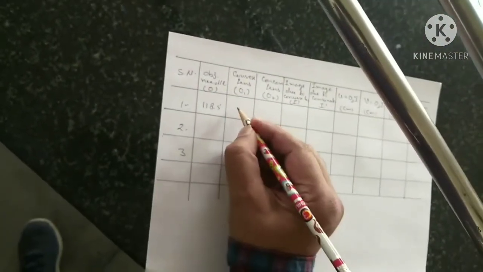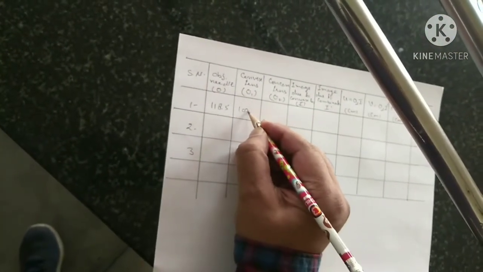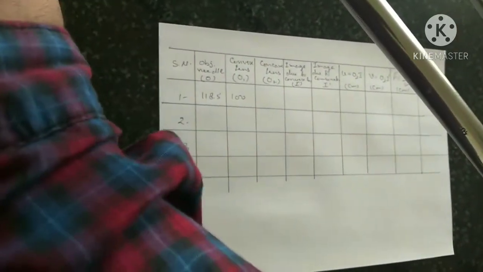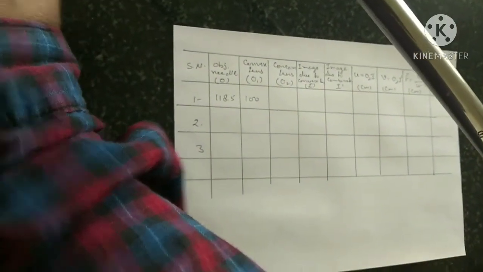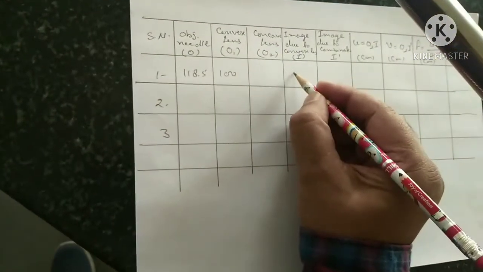Note the position of the object pin, that is 118.5 centimeter, the position of the convex lens, that is 100 centimeter, and the position of the image pin, that is 75 centimeter.